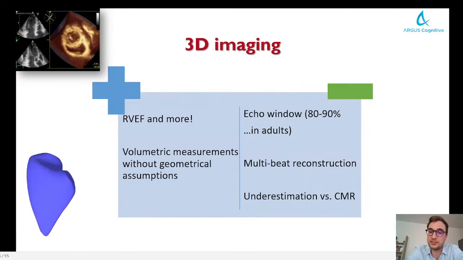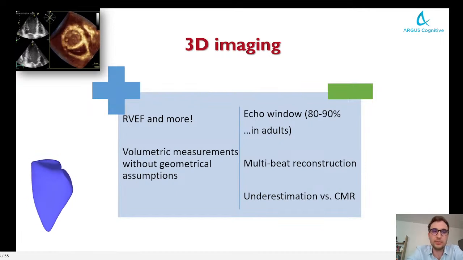In the case of children, that's quite often the case. And there's also a general underestimation of the values compared to CMR. However, overall, we can see that the volumetric assessment is markedly better compared to other methods.